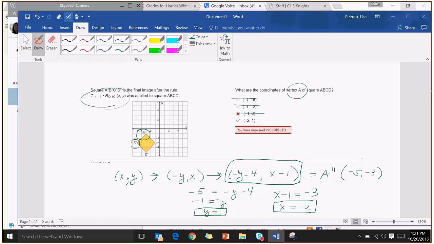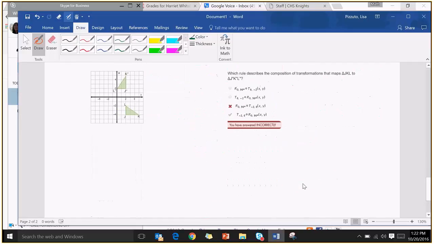You could have worked backwards, yes. You could have done it that way as well. That's really what I did, just doing it algebraically with all the steps.